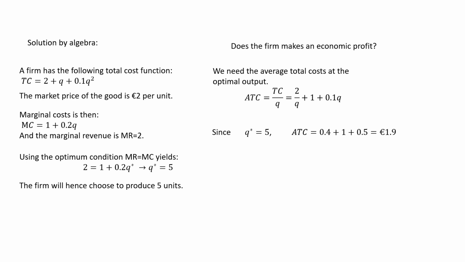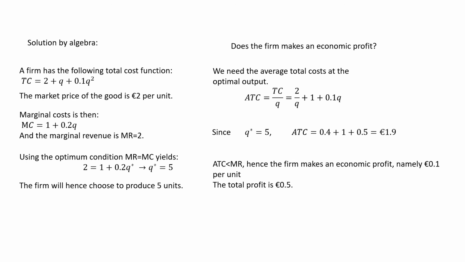At the optimum output, q star, that is q equals 5, we can calculate the ATC, and this is 1.9 euro per piece. Since the marginal revenue is 2 euros, it seems that the firm is going to make a profit of 10 cents per piece. Because 5 pieces are produced, the total profit is 0.5 euros.